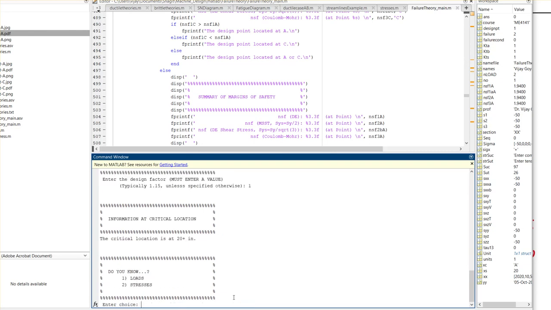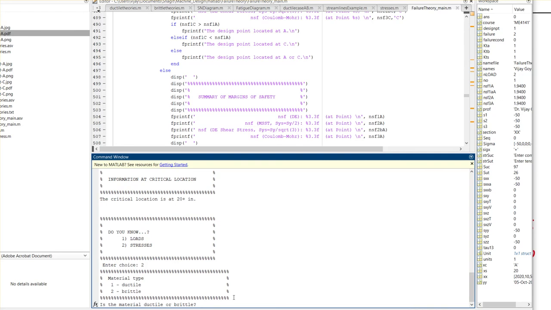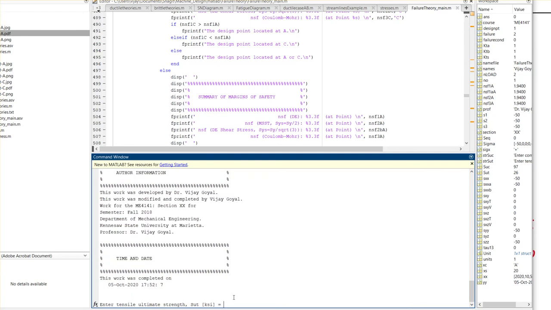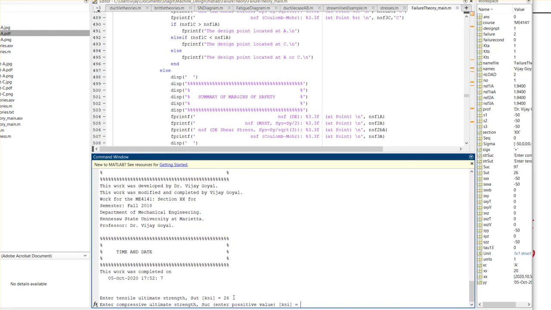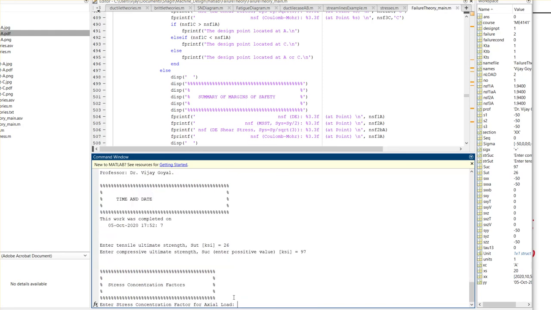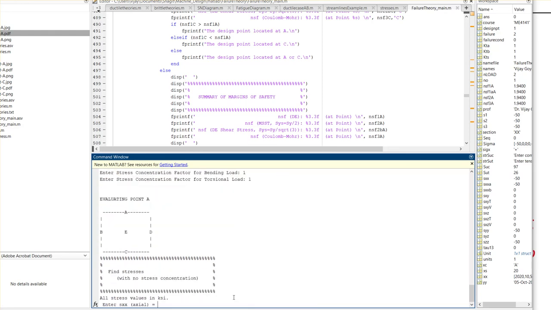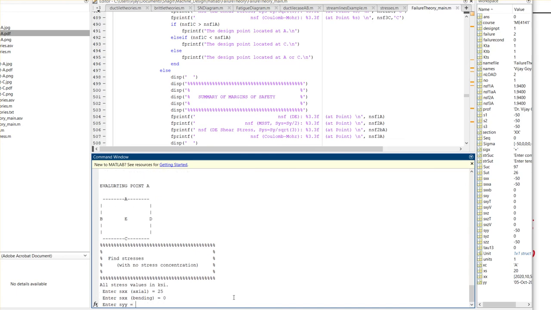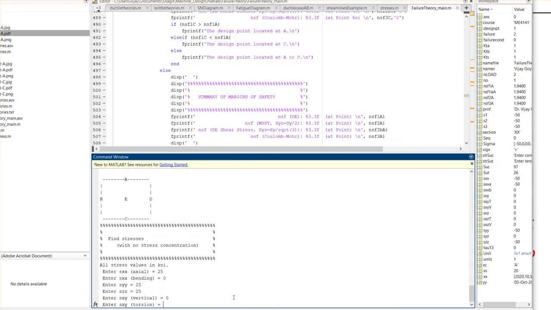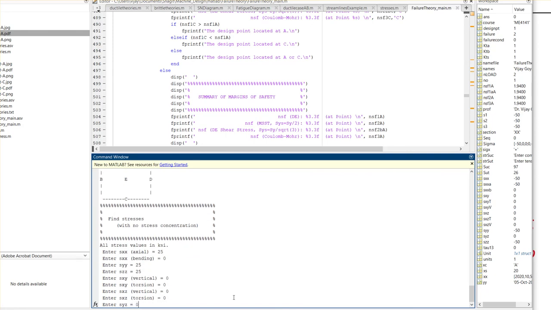Move this up here, working in inches. Feel free to pause the video and download the file and run it with me, in addition to taking your notes on how the answers actually work. Okay, then this case was all 25, positive 25, and everything else was 0.